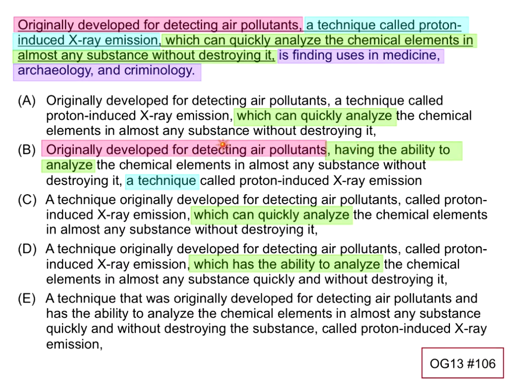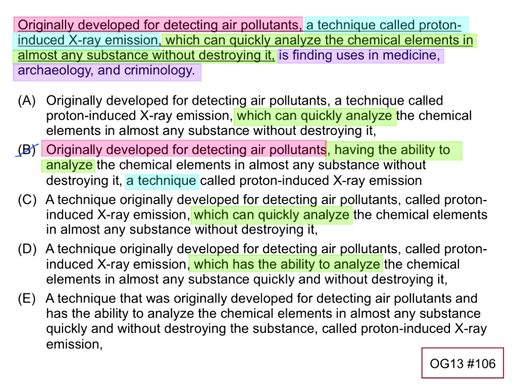Wait, what was developed? And then I get having the ability, comma having, I'm looking for it to refer back to what was before it, but it doesn't. So now I'm not sure whether the red is supposed to refer to the green or the green is supposed to refer to the red or what's going on here. And that doesn't get cleared up until I get all the way over here to technique, and I would still have to go back and read it again to figure out what's going on. So that's too ambiguously structured. That's no good. We're going to cross off B.